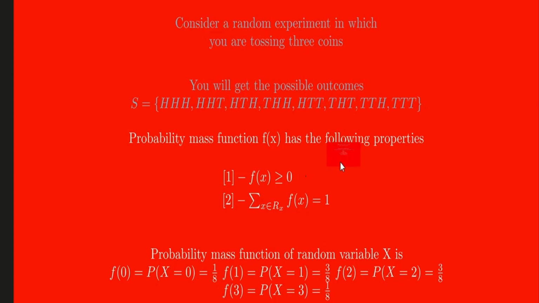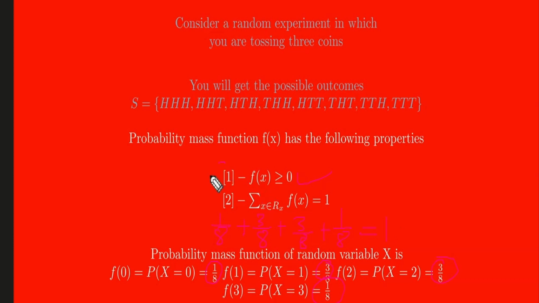The first property you can easily observe, that all probabilities are non-negative. And if you add all the probabilities, 1 upon 8 plus 3 upon 8 plus 3 upon 8 plus 1 upon 8, that is equal to 1.